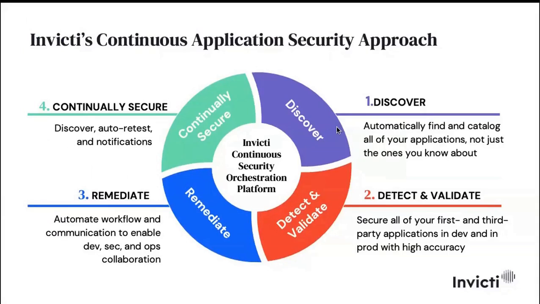I recently did an exercise for an organization based in the UAE, where we asked them how many targets, as we call them, how many assets do they have that they potentially want to secure, and they said 5. I said, okay, well let's do a little exercise. Let's do a discovery exercise for you. And it came back they had 197 applications and vulnerability attack surfaces that they were not aware of.